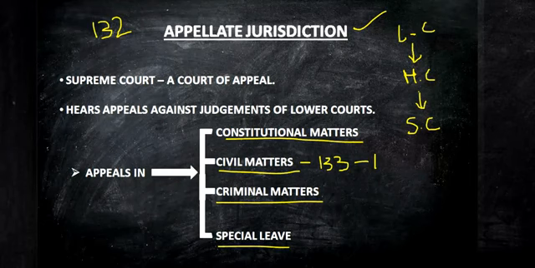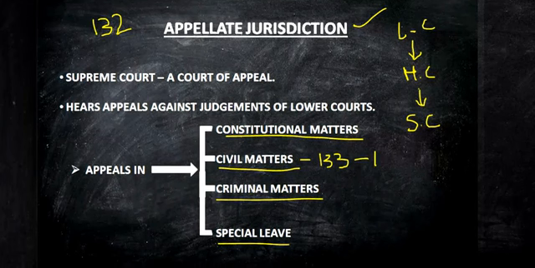Then that aggrieved person moved to lower court, and the lower court gave some judgment, and the aggrieved person felt that justice had not been done to him. Now, from the lower court, that person will move to High Court. When that case comes to the notice of High Court, the trial will begin.